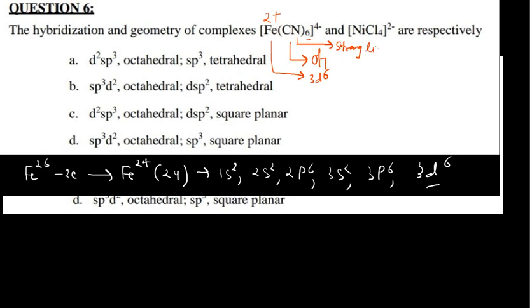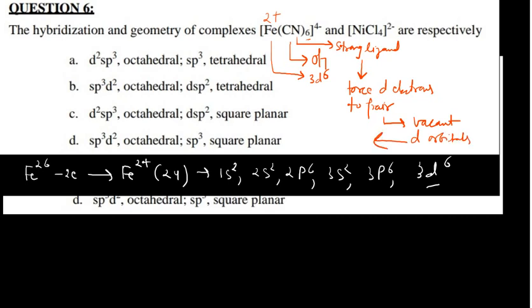Okay, and this cyanide is a strong ligand, and this strong ligand will force d electrons to pair up. And when the electrons are forced to pair in the d orbitals, that means you will have vacant d orbitals. And when you have the vacant d orbitals, the hybridization would be d2sp3. Okay, and remember, this is a trick also.